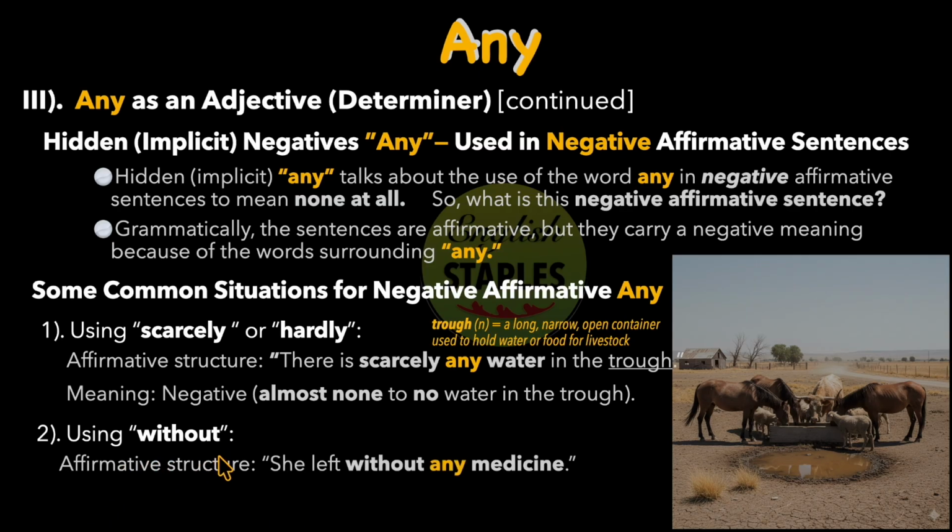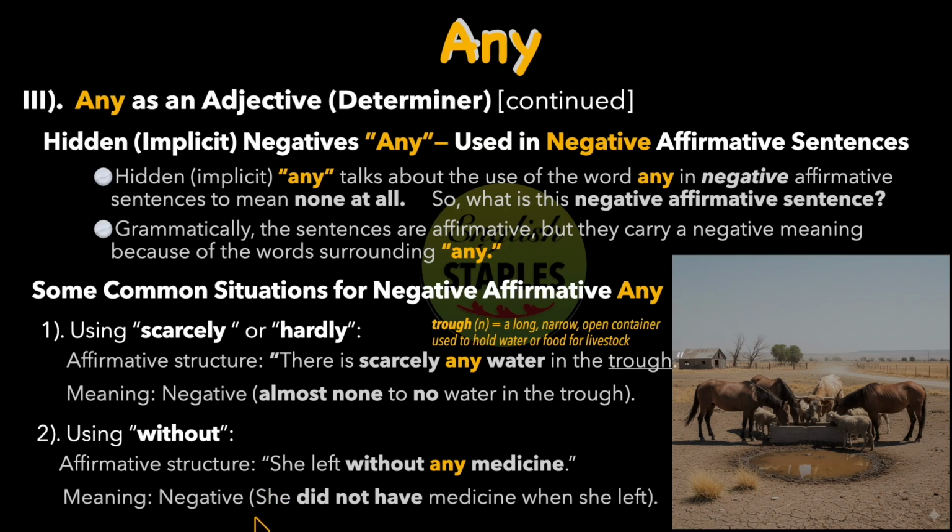Without. Let's look at the word without. The affirmative structure, she left without any medicine. What's the meaning? It has a negative meaning. She did not have medicine when she left.